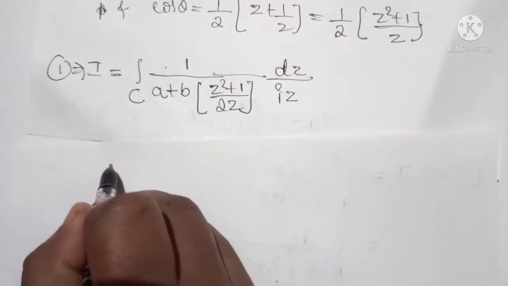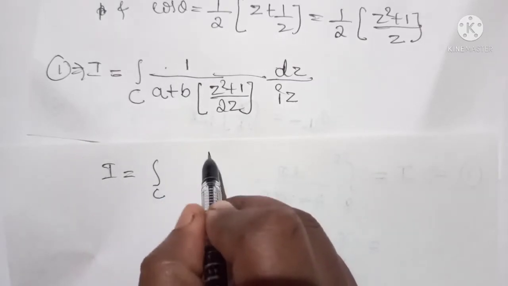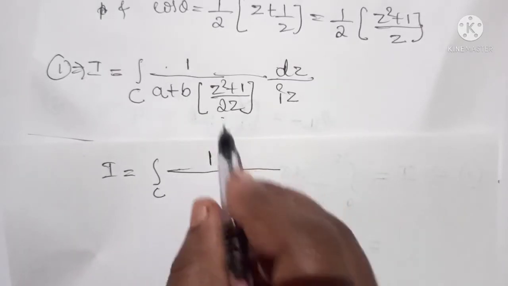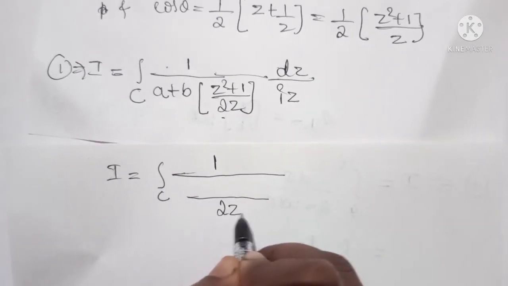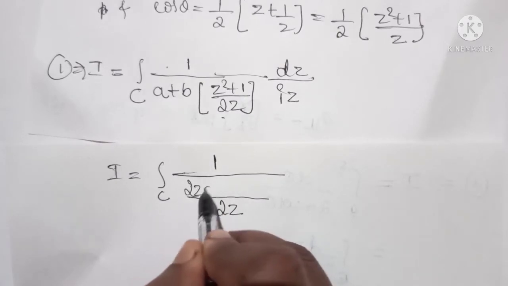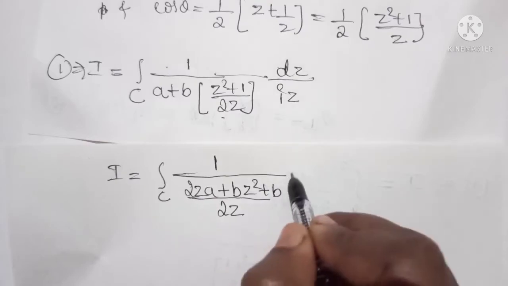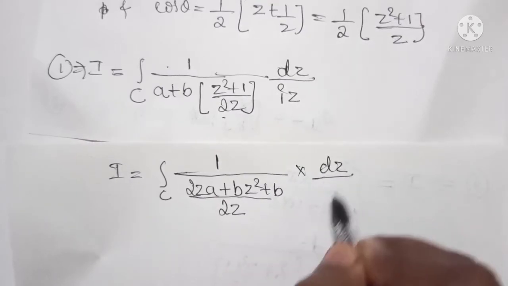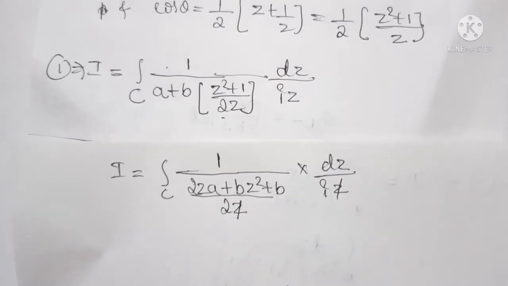I equals integral over C. In the denominator we take 2z LCM, we get 2za plus b z square plus b, into dz divided by iz as it is. Z gets cancelled, we take this 2 to the numerator.